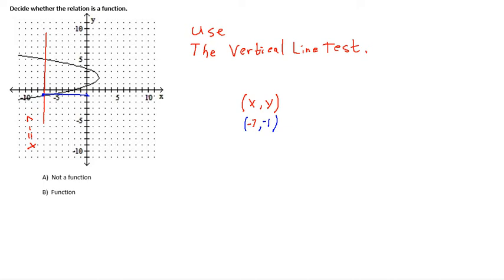But I wanted to show you the theory behind it because we also see that for the same value of x, which was -7, we're able to find a second value of y.